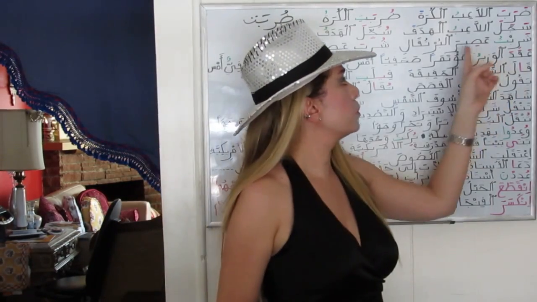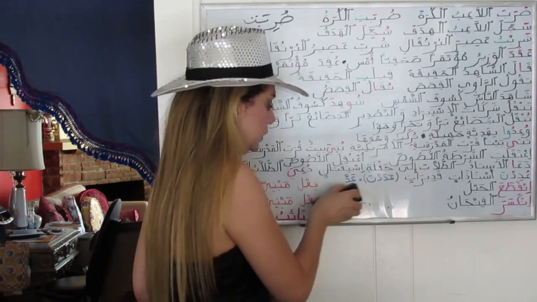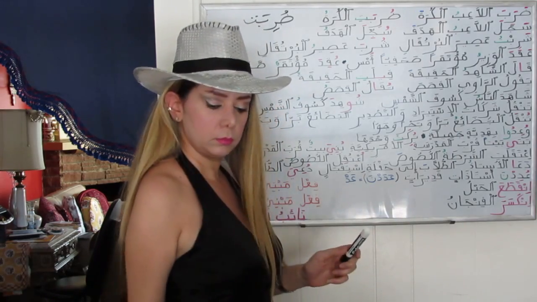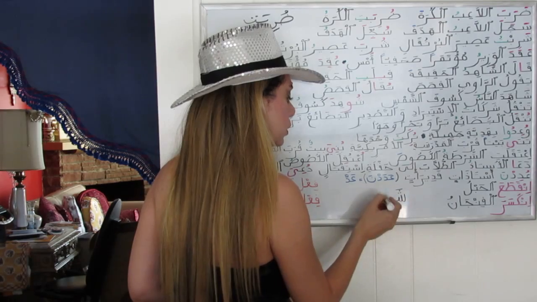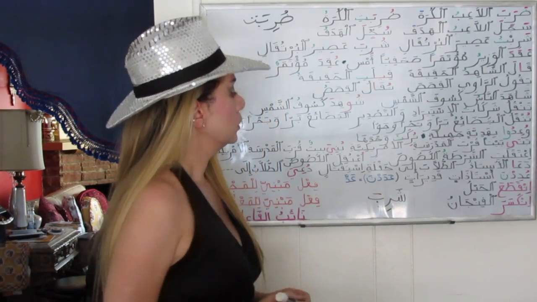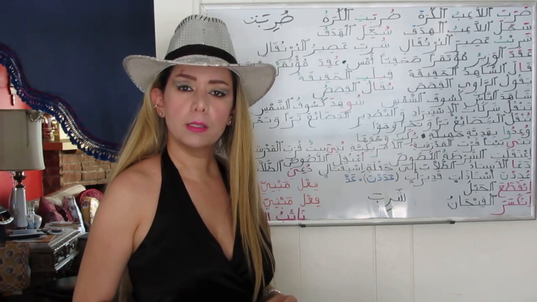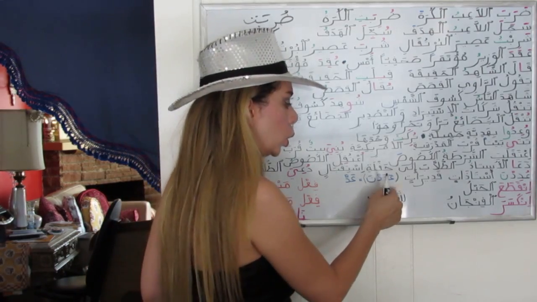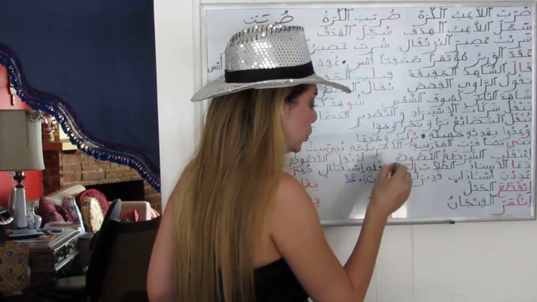Alright. شربت عصير البرتقال. I drank orange juice. شرب is to drink. Form 1, sound verb. So how do we convert this to a passive verb? So we start with the u verbs. U, shu, riba.